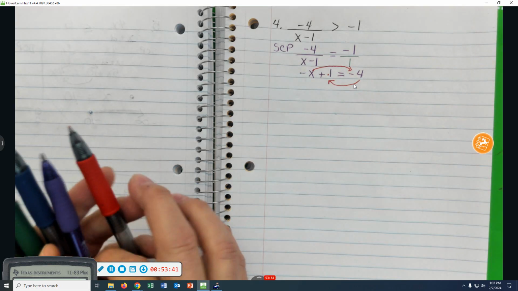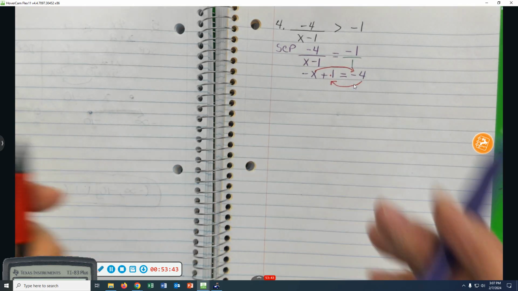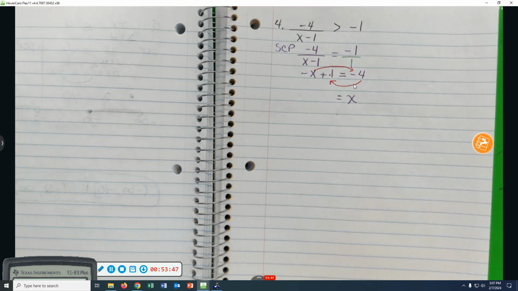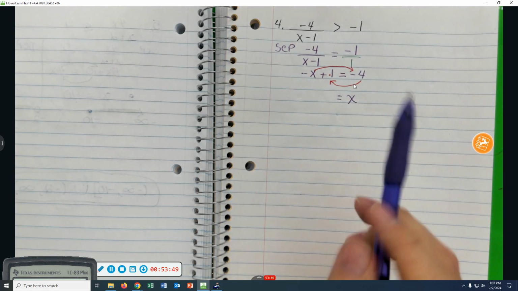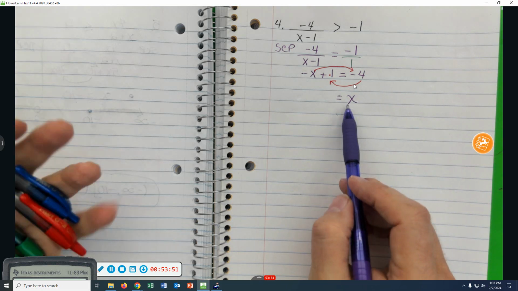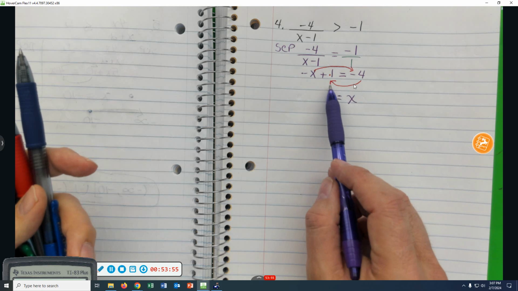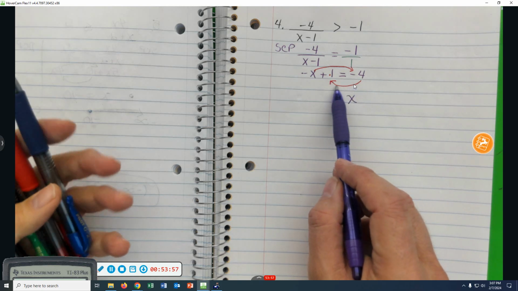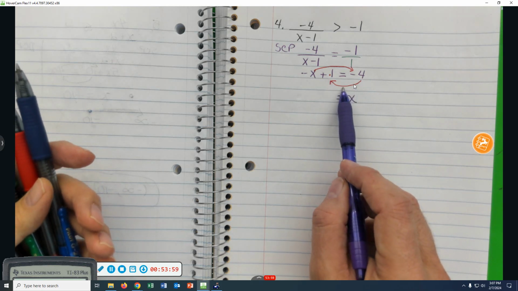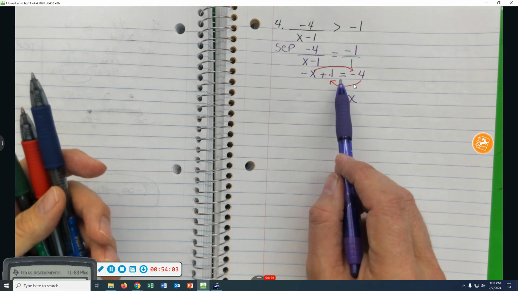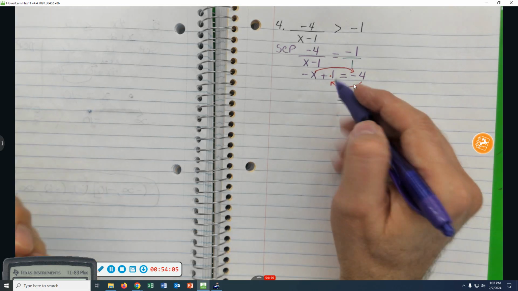Those little arrows mean add x to both sides, or just move it and change the sign. Why did I do that? Because I want x equals a number. I don't want negative x equals a number. And then here, this arrow, what am I saying to do with this minus 4? I'm going to add it. Would it be a 5?